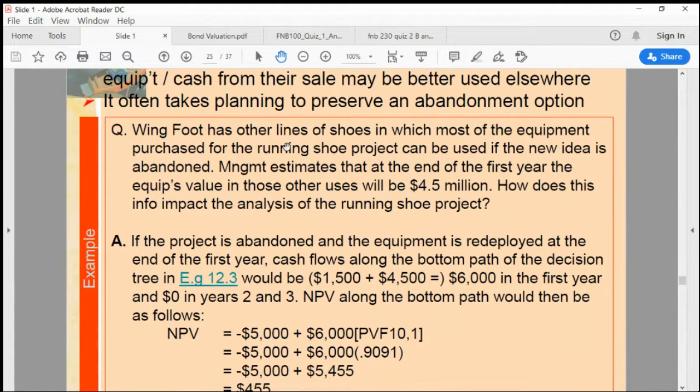So Wingfoot has other lines of shoes in which most of the equipment purchased for the running shoes project can be used if the new idea is abandoned. So let's say the excellent outcome doesn't happen, then they can use it for something else.